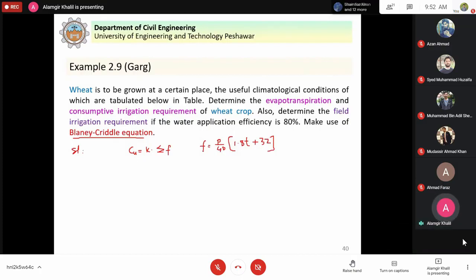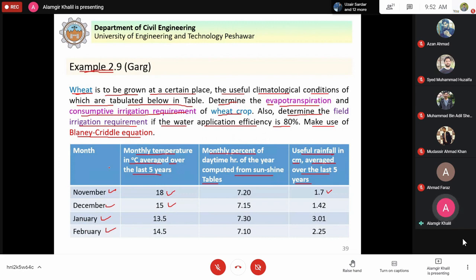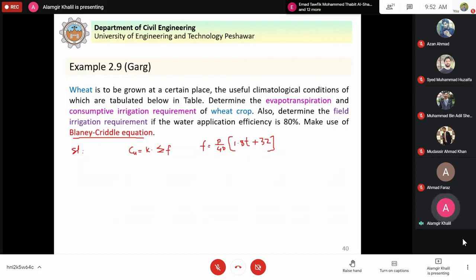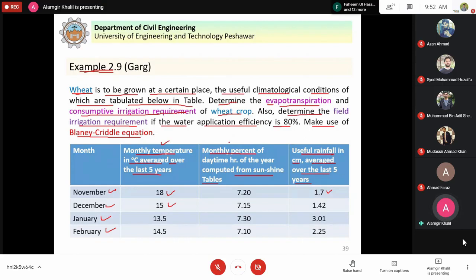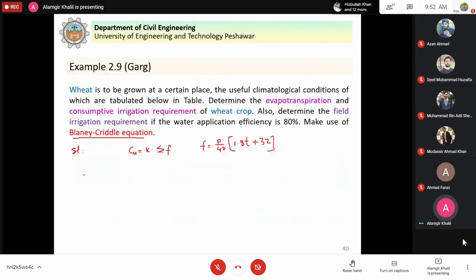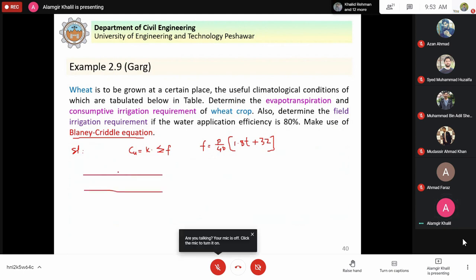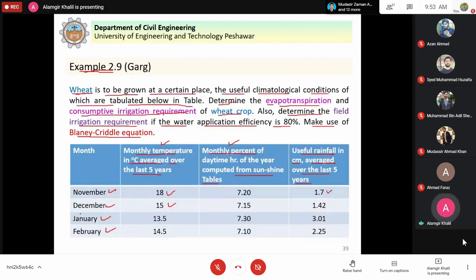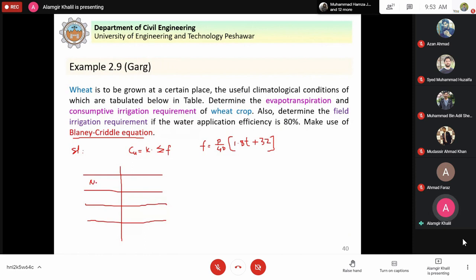So for the 4 months here, November, December, January and February, we have to calculate this F. P is given and T is given. This is the temperature and this is the P. So we can calculate it. We write down November, December, January and February here. Now we can calculate this F for these months.